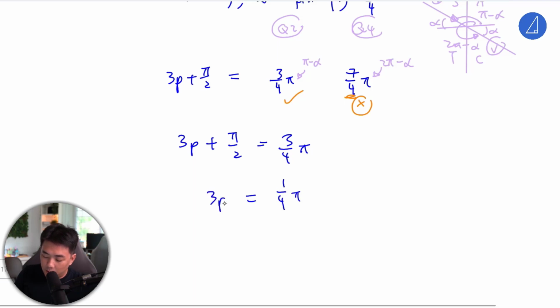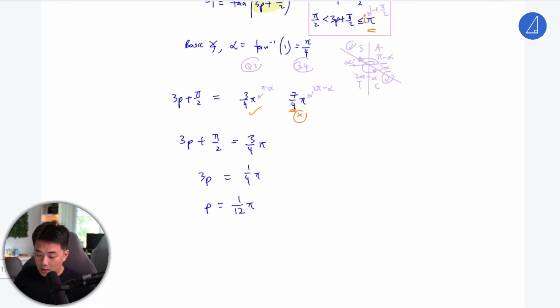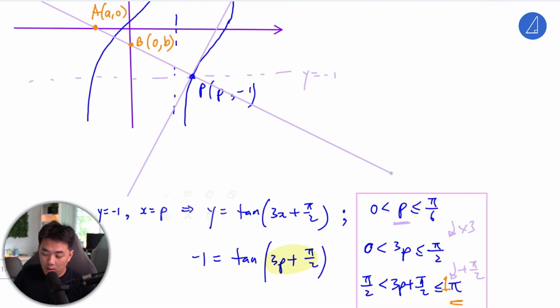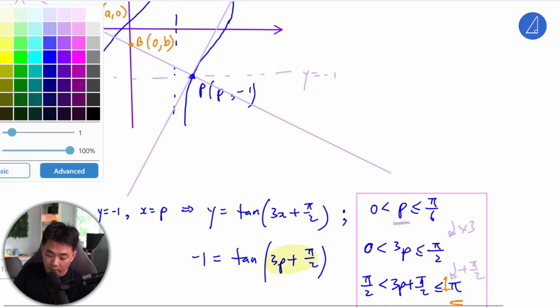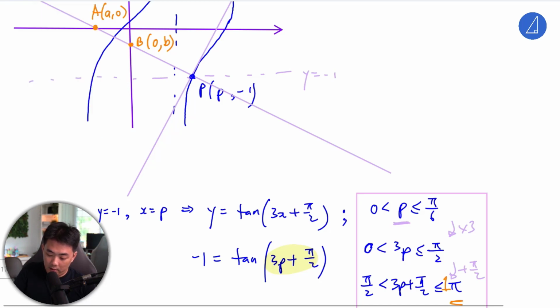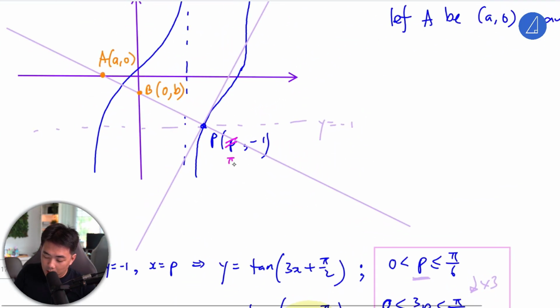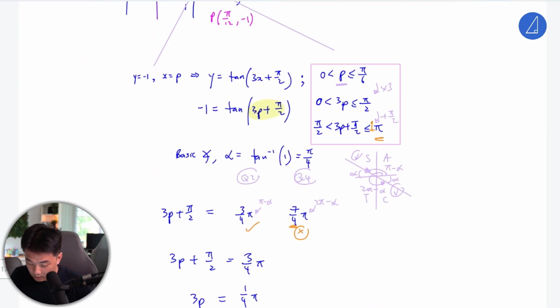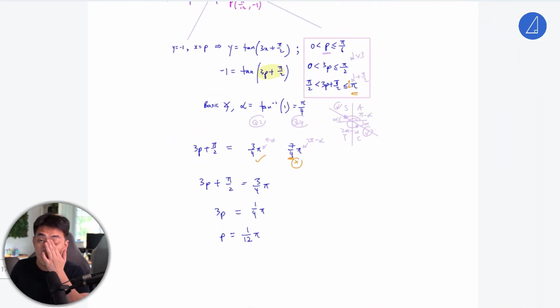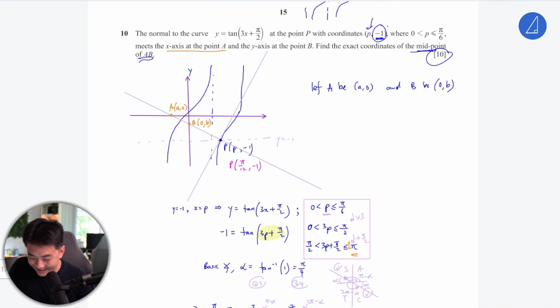This is 3p, so p equals 1 over 12 pi. So what we know now is that p is pi over 12, and we can rewrite the coordinates of p as pi over 12, comma, -1. Okay, great. So that's the first one.